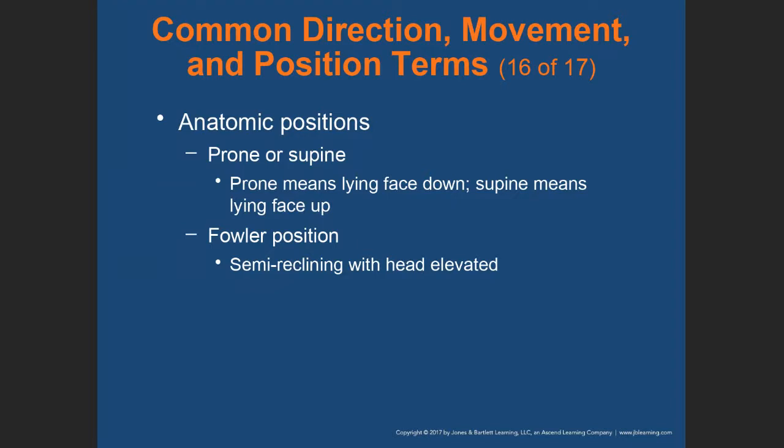Fowler position means the patient is in a sitting position, and it can be high Fowler's or semi-Fowler's. If it's a high Fowler's position, all that means is that the patient is at a 90-degree angle. So Fowler's position would be that.